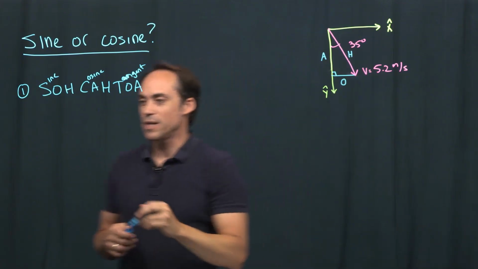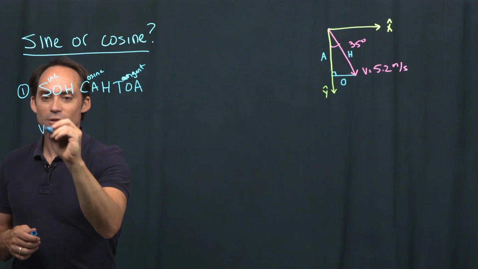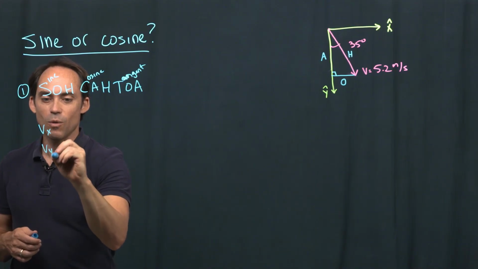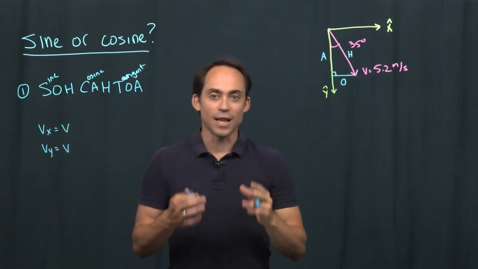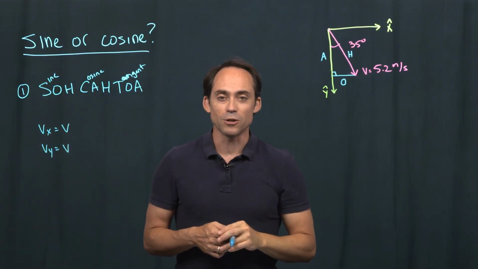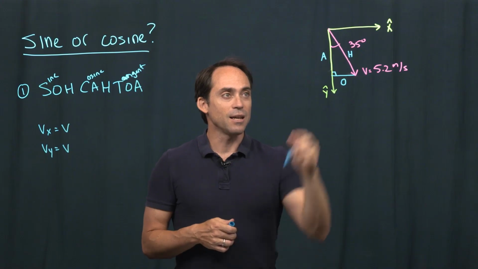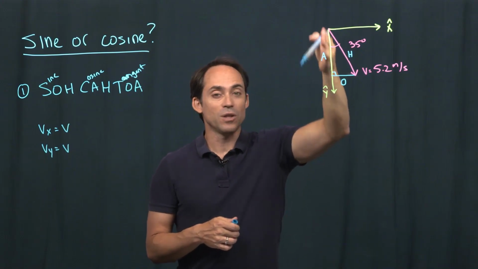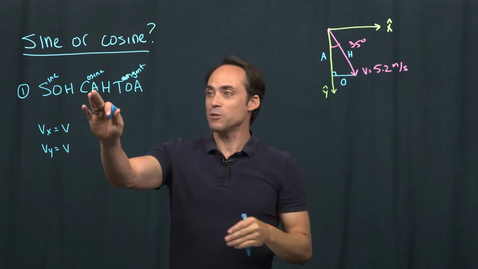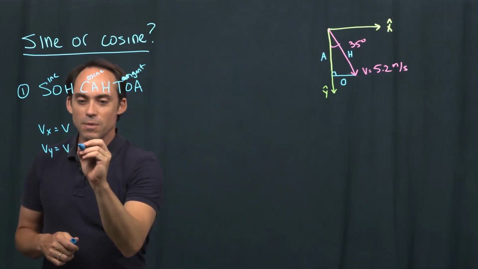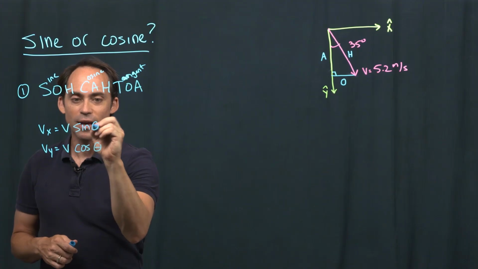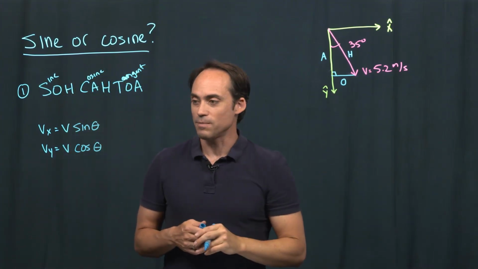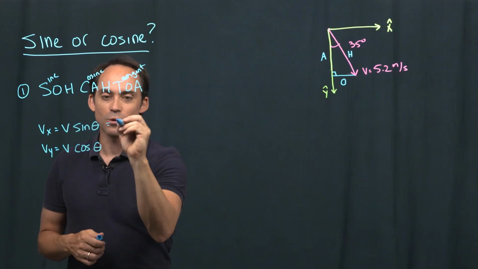So if we want to write down the components of this vector, so Vx and Vy, they're both going to be proportional to the length of the vector v, which is 5.2 meters per second in this case, and then the y component is aligned with the adjacent axis, and the adjacent corresponds to the cosine. So we can immediately write down cosine of theta for y and sine of theta for the x component. And we can even compute these numbers out.